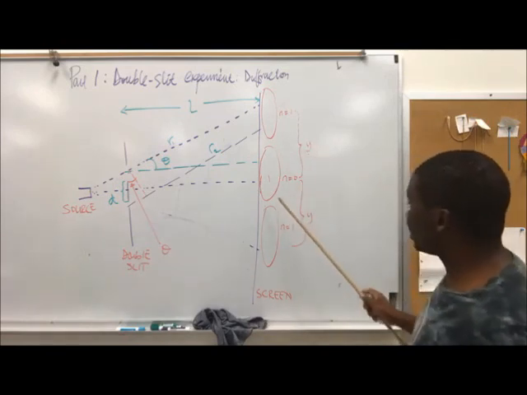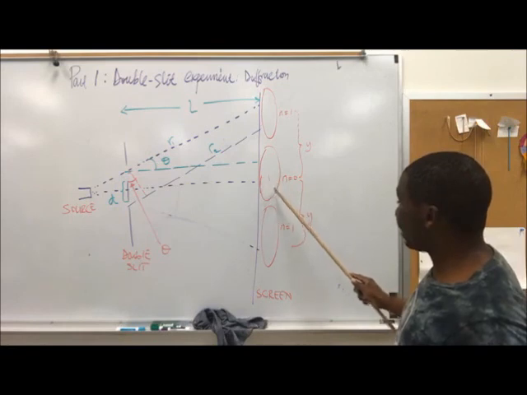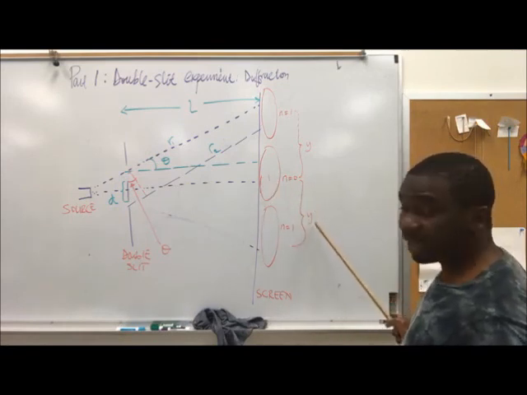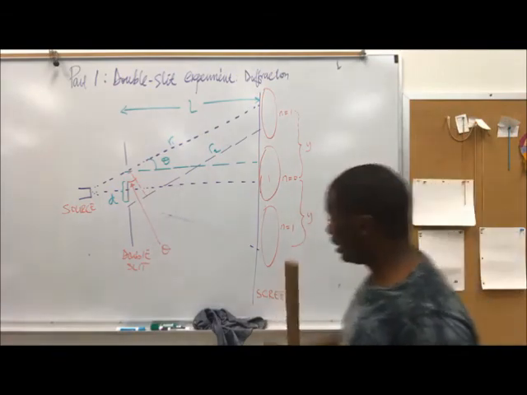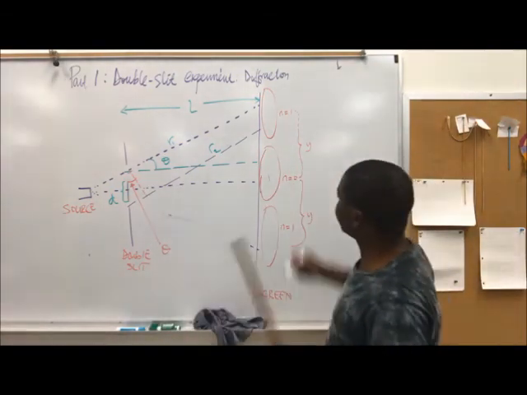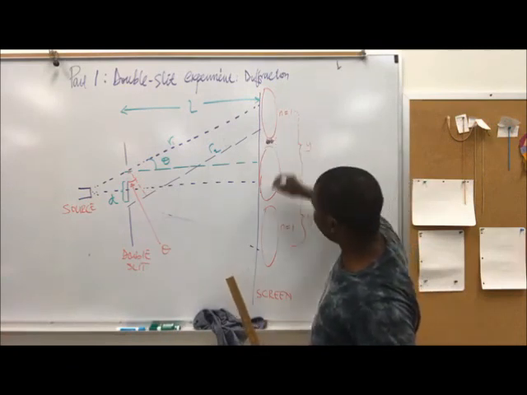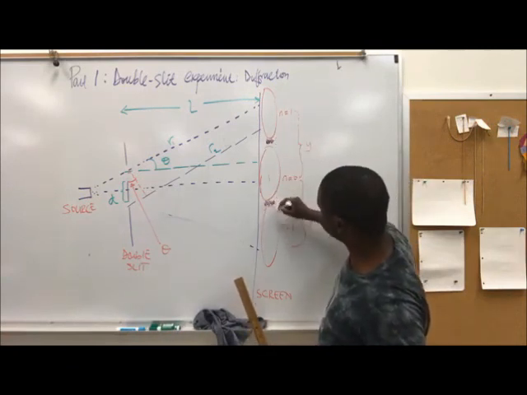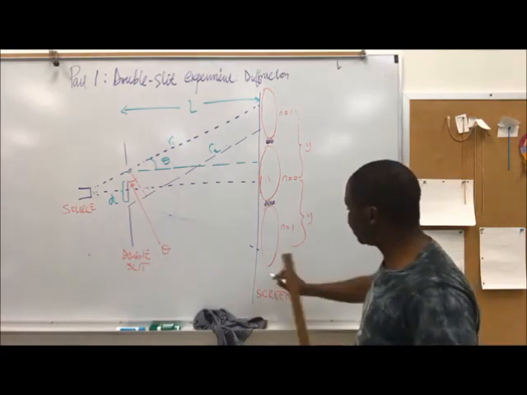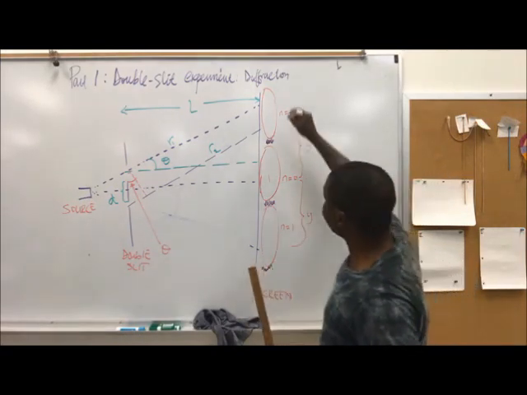Likewise, the distance between the central maximum and the lower bright fringe N equal 1 is another distance y. In between the bright fringes, you have the dark spots, the dark fringes.